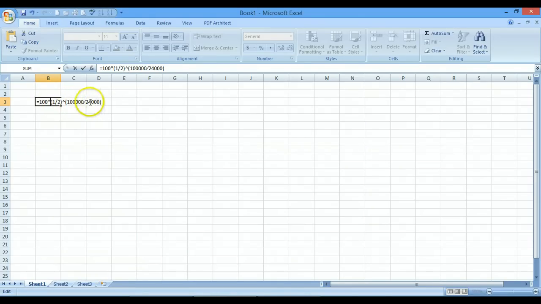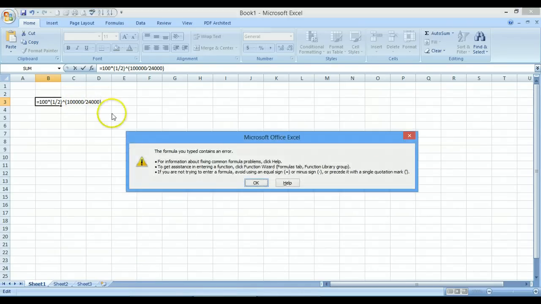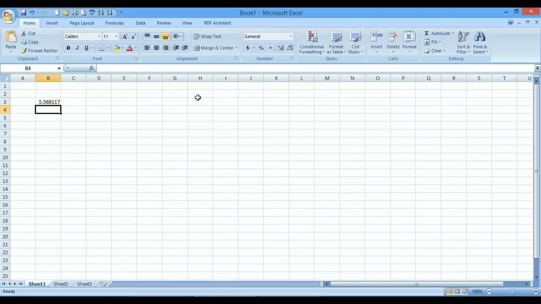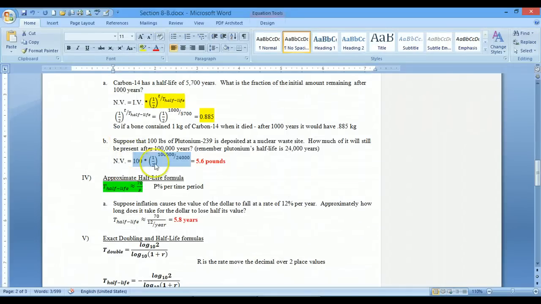Everything in here is in the exponent. That's good. The parentheses are in the correct spot. Press enter. Something is not working. Inside here, I think it's going to be that divide sign because sometimes it copies funny. So I'm going to delete. There we go. 5.56. Go back in.